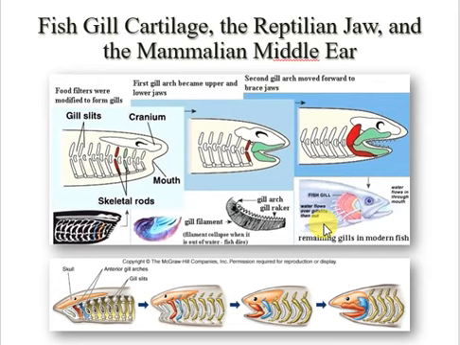So early fish, such as the ancestors of your modern lampreys or hagfish, didn't have a jaw, right? They were agnathostomes, meaning without a jaw.